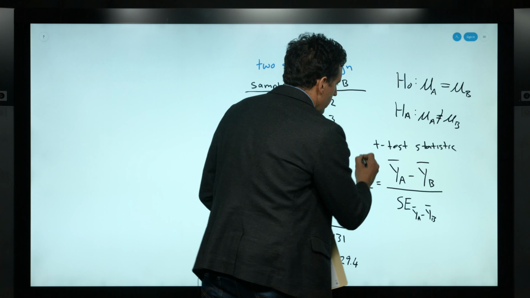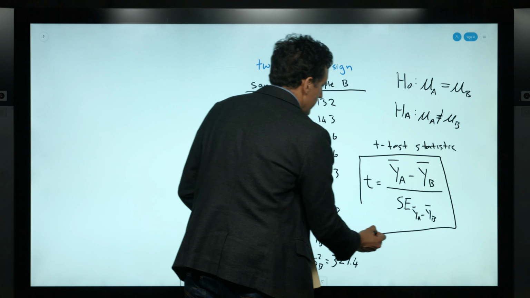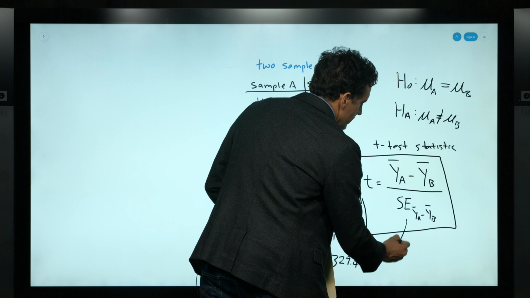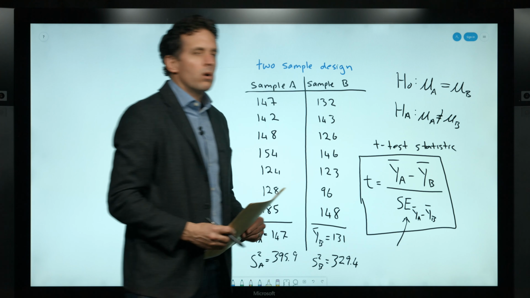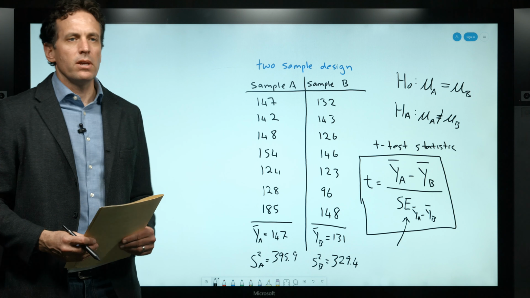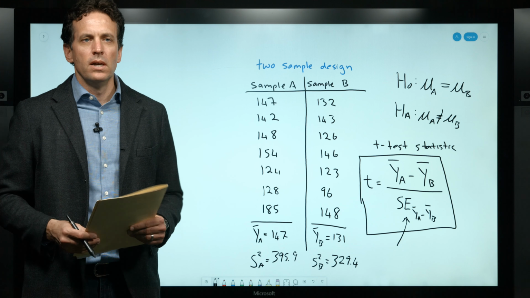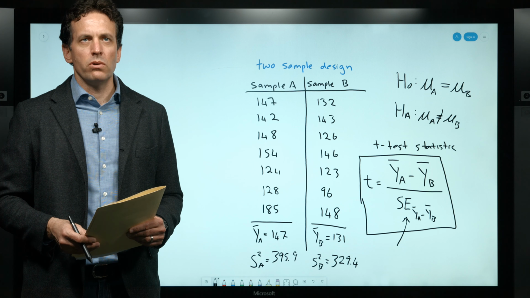And so this is how we compute our t-test statistic. And this turns out to be a little bit of a more complicated calculation. And so in the following presentation, I'll show you how we calculate that.